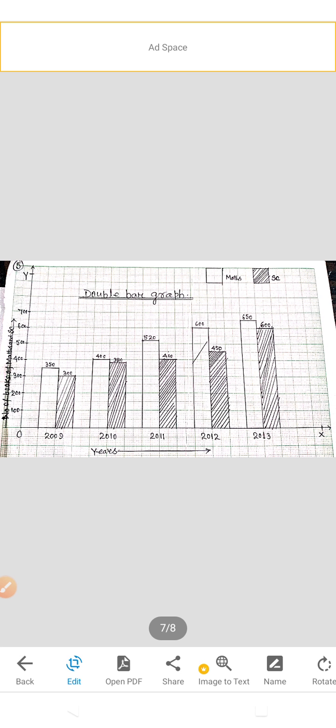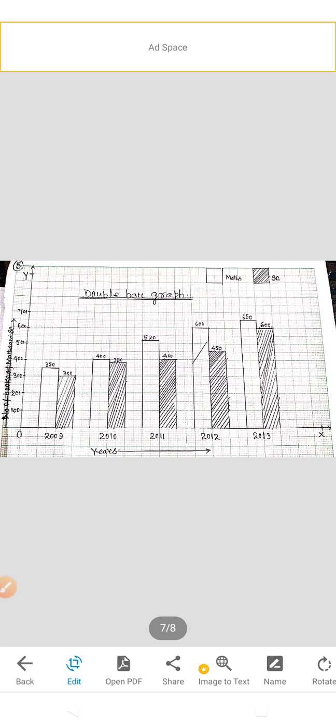The length of the side of a square is 1 centimeter, which is the width of the rectangles or bars, and choose 1 centimeter equal to 100 units on the y-axis vertical line: 100, 200, 300. Here the highest number of books is 700.